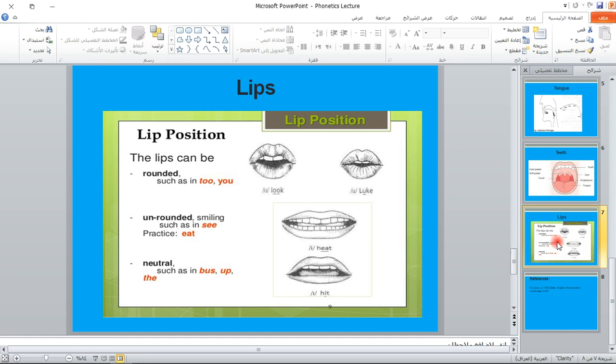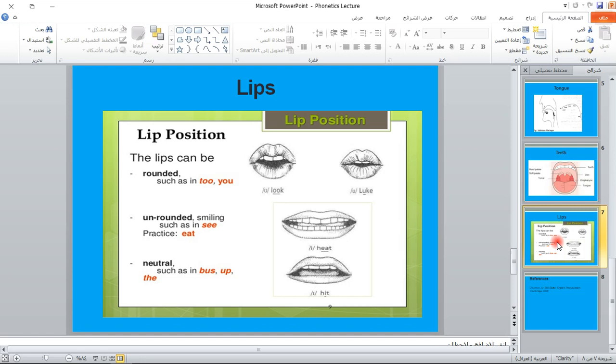Third, neutral position, as in short vowels in Arabic, and long vowels in Arabic. Fourth, open, for example when producing the stretched vowels in Arabic language.